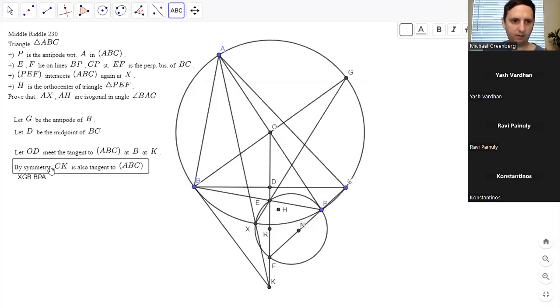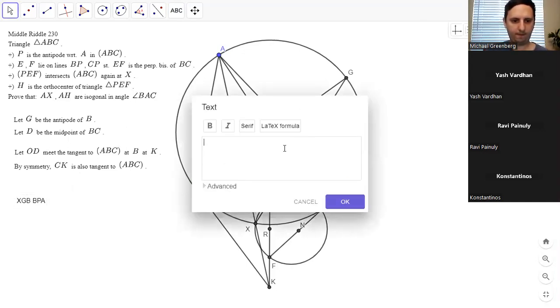And then we can use Pascal's on this. So first, G, E, and X are collinear by an angle chase. I'll write this out quickly.